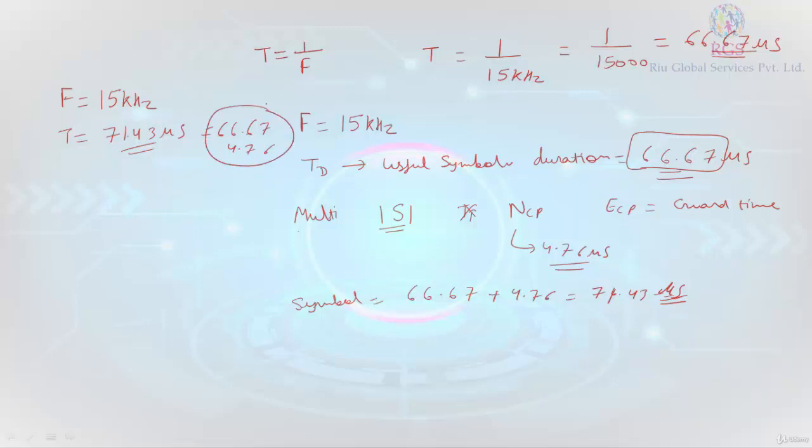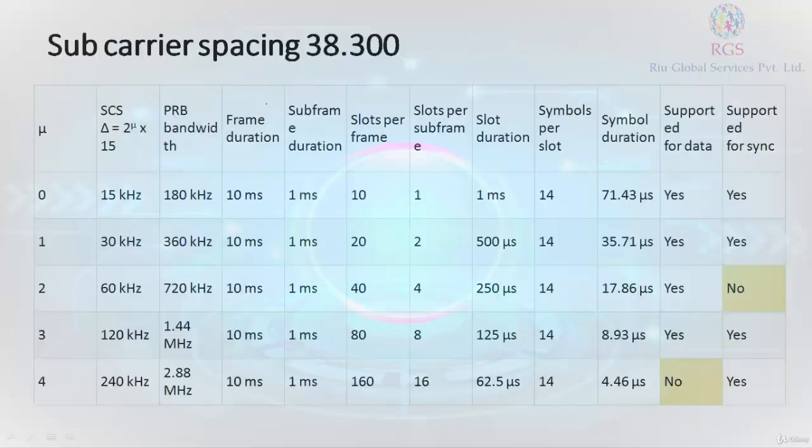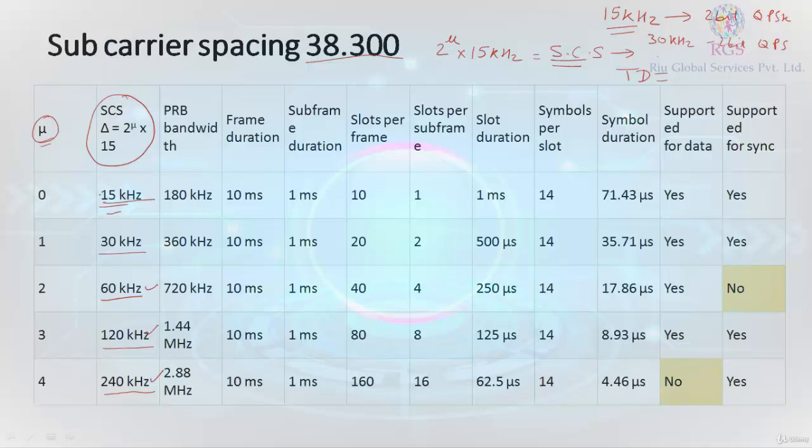Now coming back to our example, when you increase the subcarrier spacing from 15 to 30 kilohertz, your symbol duration from 71.43 microseconds will just remain half. The same thing will happen when you move to 60, it will remain half of that.